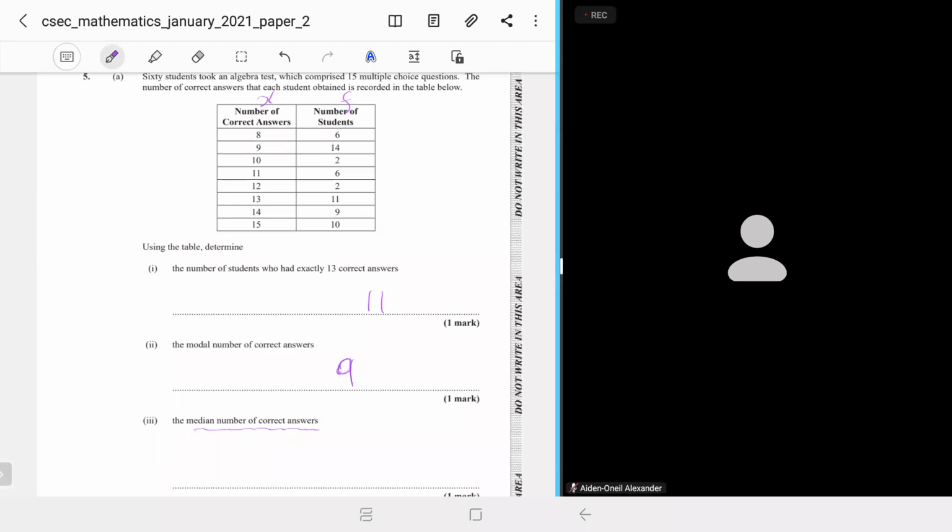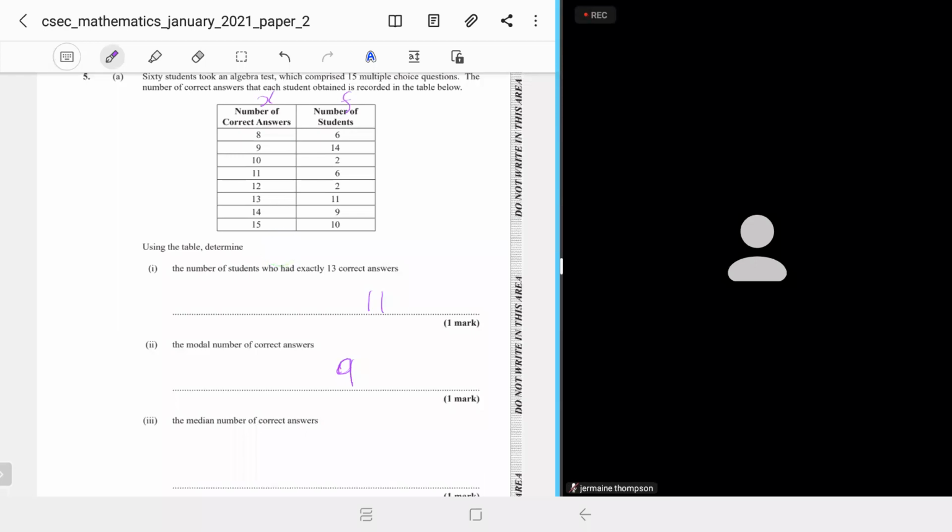Somebody tell me. The median. The data, sir, is to arrange the number of students in order. No, it's the correct answers. Come again.